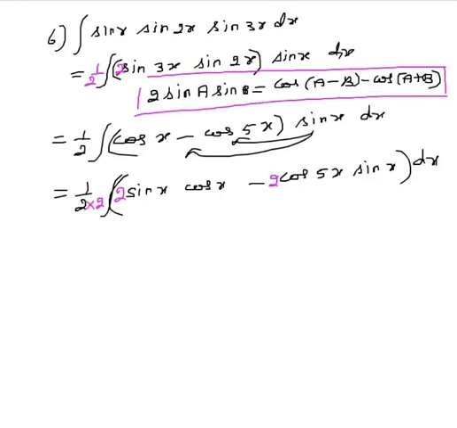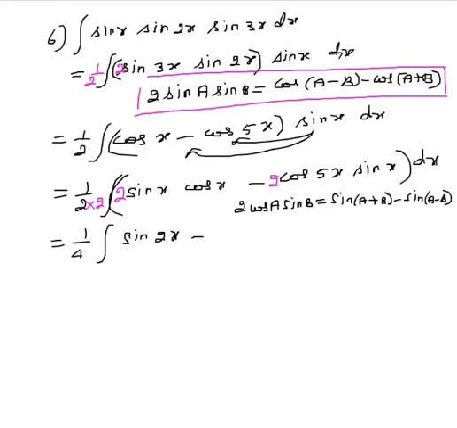The division by 2 I have written outside the integral. 1 by 4 times 2 sin x cos x is sin 2x, we know, minus, here we will use 2 cos A sin B formula, which is sin A plus B minus sin A minus B. Therefore, this becomes sin of A plus B 6x, 5x plus x, and minus sin of A minus B, 5x minus x is 4x dx.